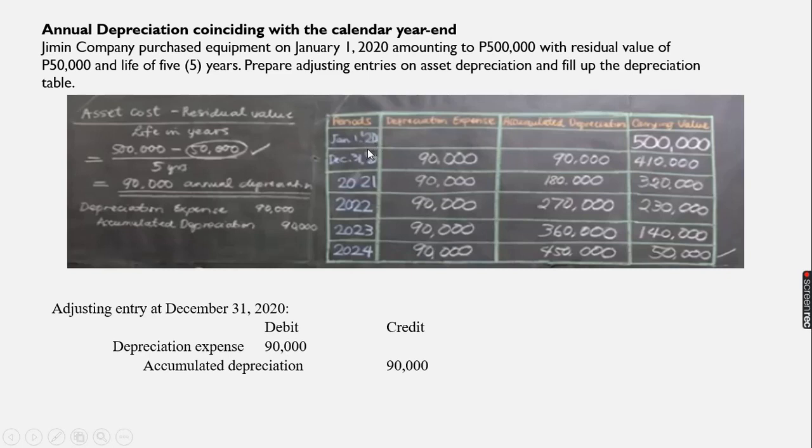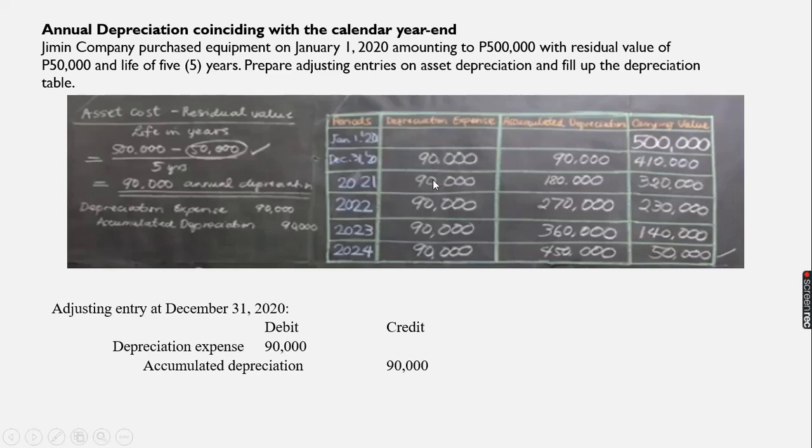O, ito. Yung table natin. So, periods, January 1 mo binili, carrying value niya or yung market value niya, yung pinambili mo, 500,000. Okay, at the end of December 31, 2020, may depreciation expense na siya na 90,000 and the accumulated depreciation is 90,000. So, ang carrying value na lang niya is 410. Ngayon, pagdating ng 2021, may 90,000 ka ulit.